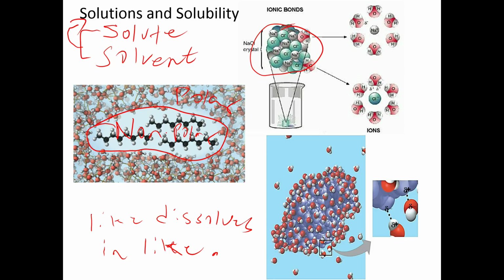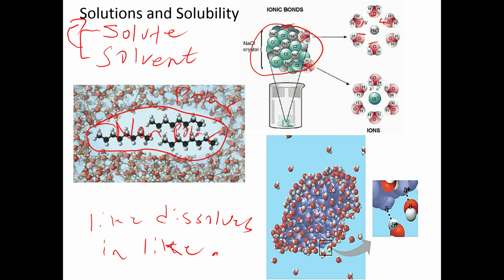Eventually, your water molecules are going to begin to interact with those ions. Remember that water has partial charges, and your ions have complete charges. Here you have your oxygen atom, which has a partial negative charge.